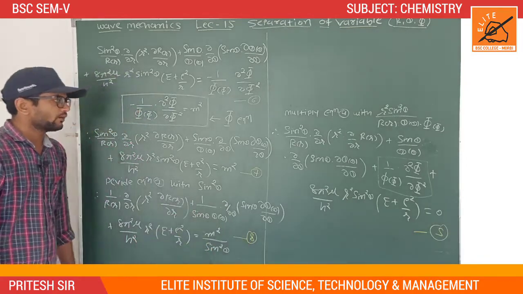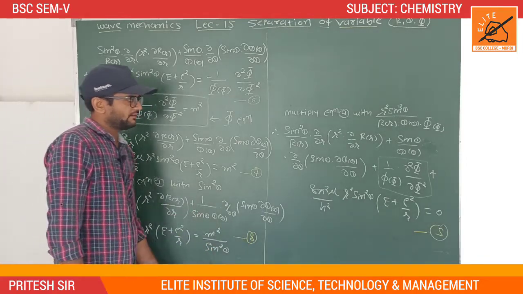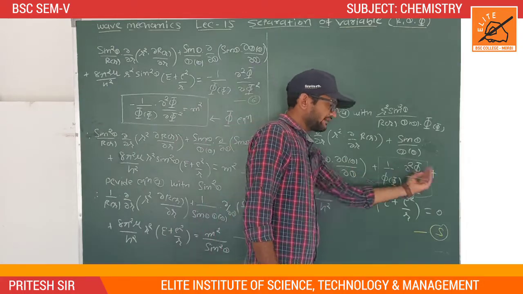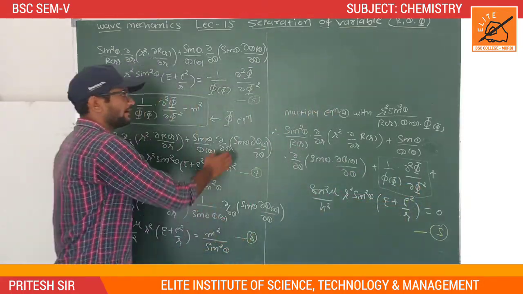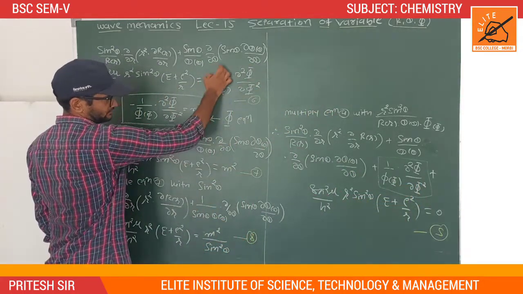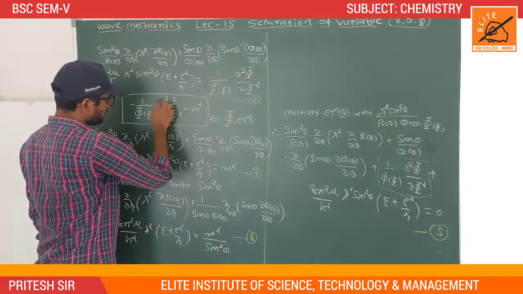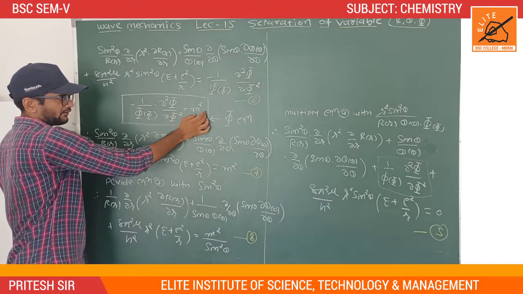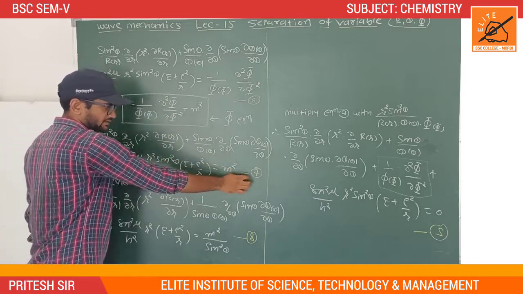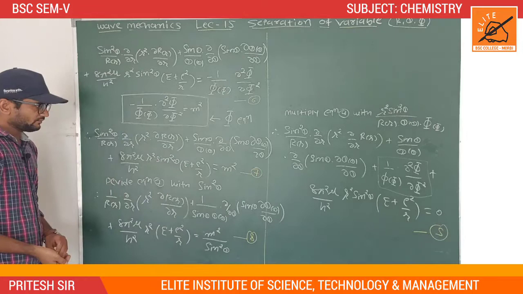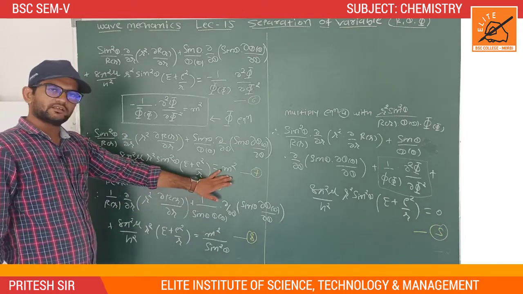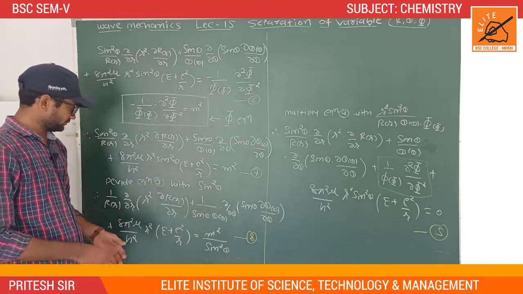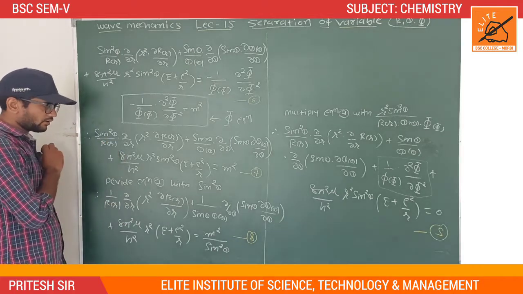Okay, in equation number 5, if the third term goes to the right hand side, then it will become minus. This is the phi equation. We assume the value of minus 1/Φ ∂²Φ/∂φ² is equal to m². Okay, so it will become equation number 7. Now divide equation 7 by sin²θ, because the first term contains both variables.